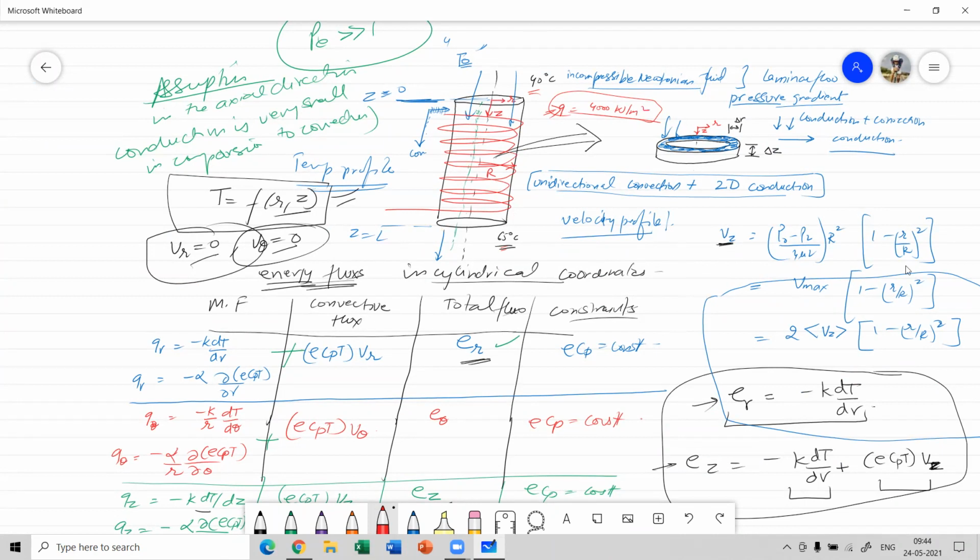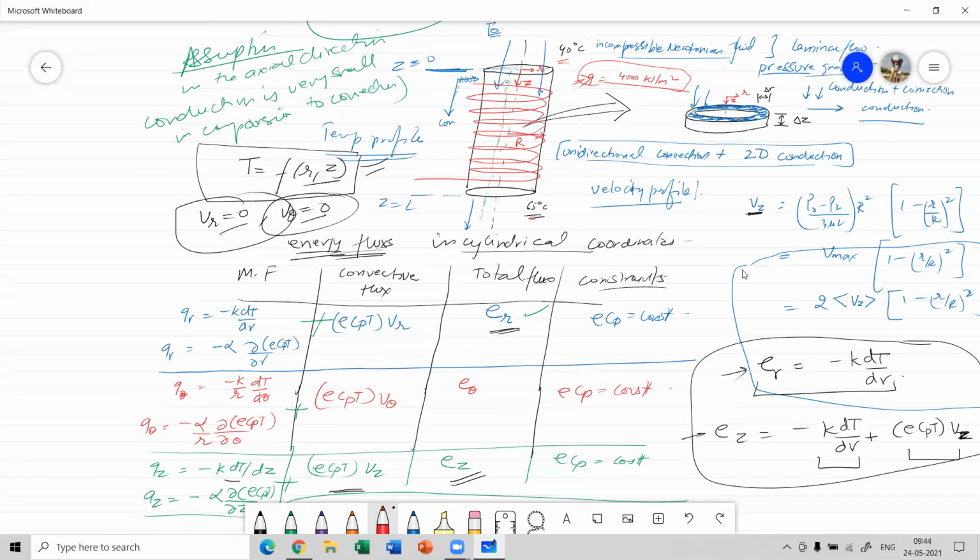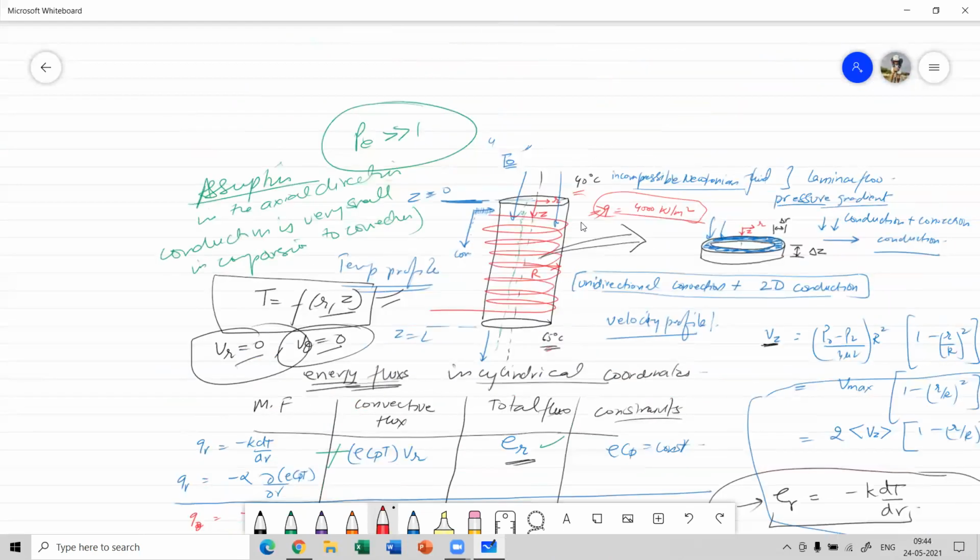The velocity profile is the same as that we developed in momentum distribution, that is Vz is equal to delta P by 4 mu L times R square into that parabolic function of r. Also, we assumed that the heat transfer is under unidirectional convection and two-dimension conduction.